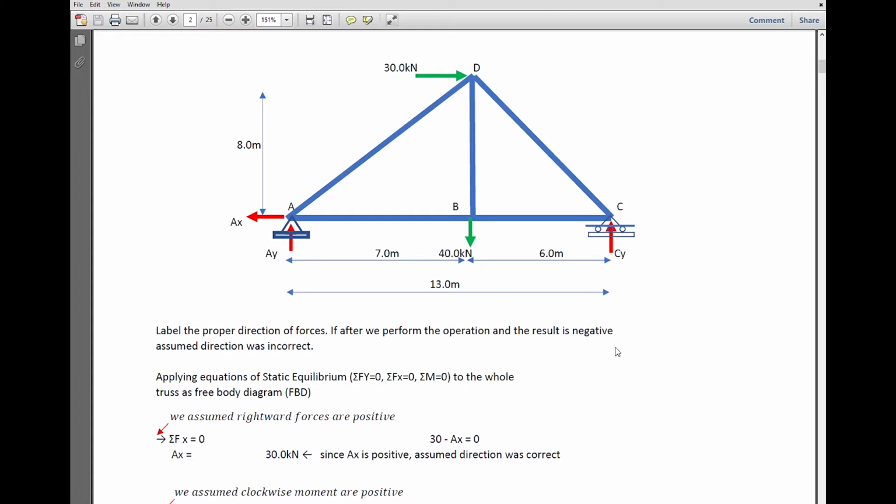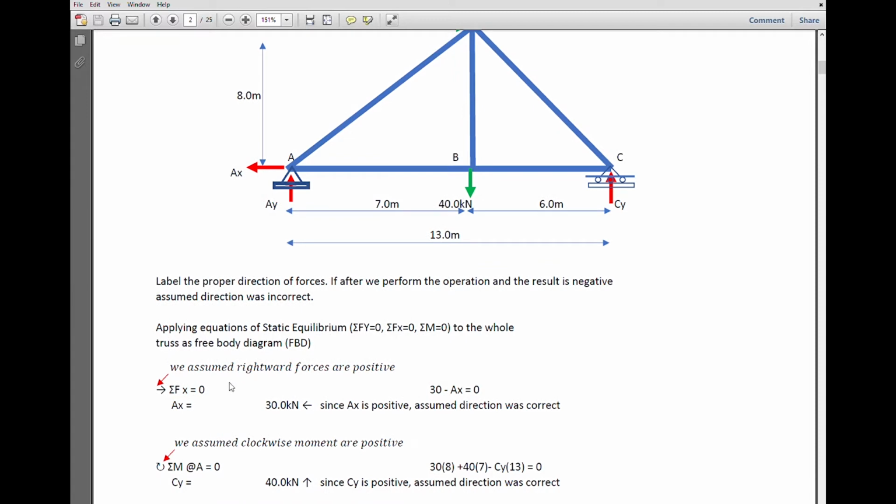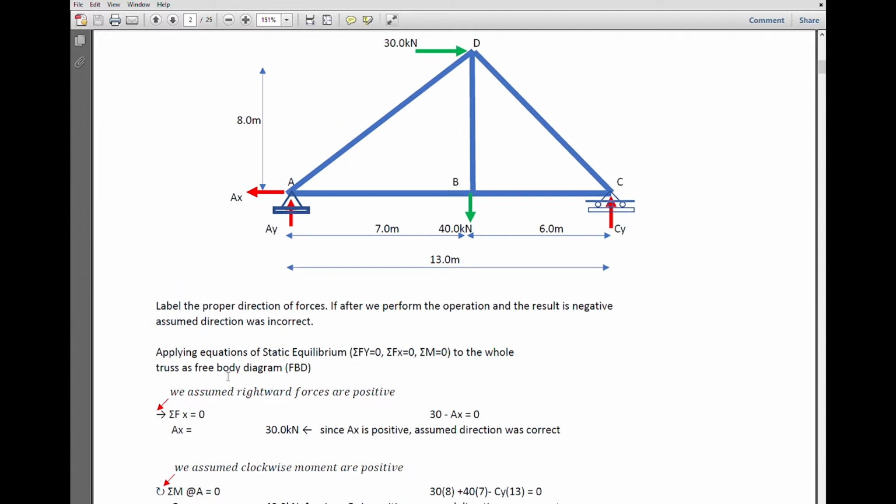Okay? So, we proceed. We will now apply equations of static equilibrium. So, nakikita natin dito, class, mayroon akong direction dyan na nakaturo dun sa right. So, ibig sabihin, if I will apply summation of forces along x is equal to 0, I am considering rightward forces as positive.